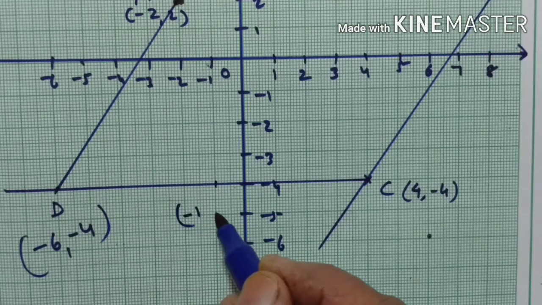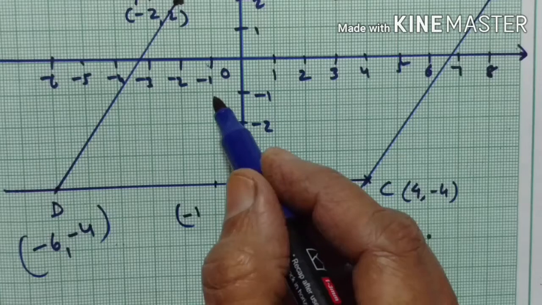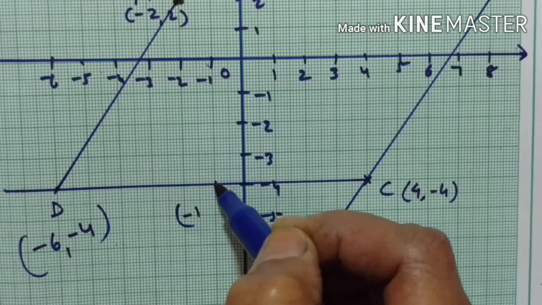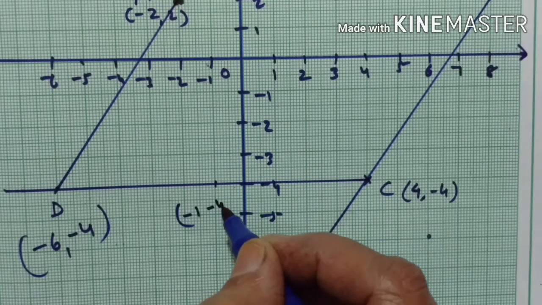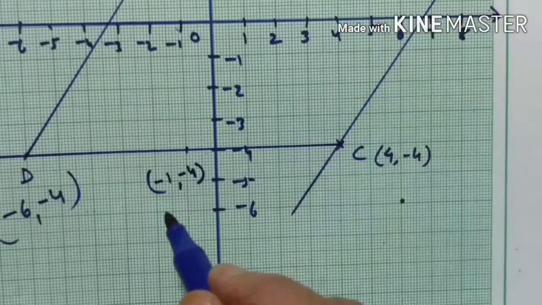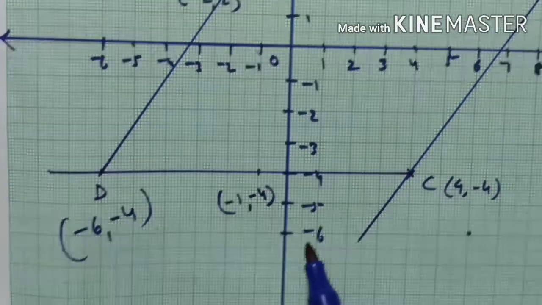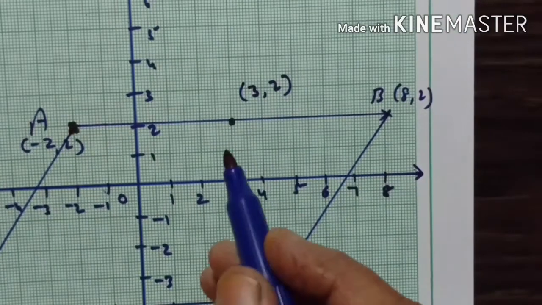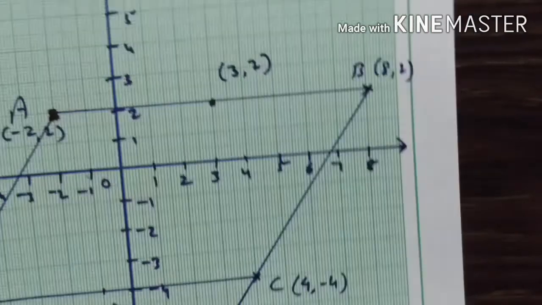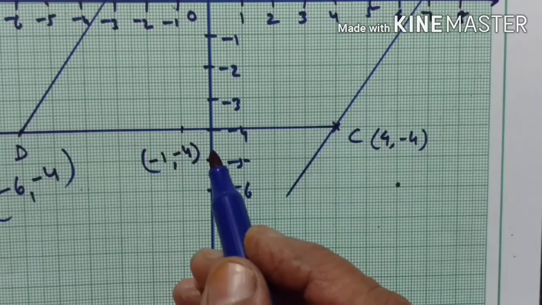X is minus 1. And Y is equal to what? 1, 2, 3, 4. Minus 4. So D is equal to minus 6, minus 4. Midpoint of AB is equal to 3, 2, and midpoint of DC is equal to minus 1, minus 4.